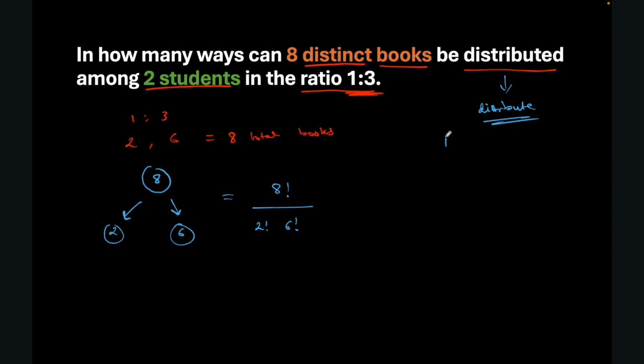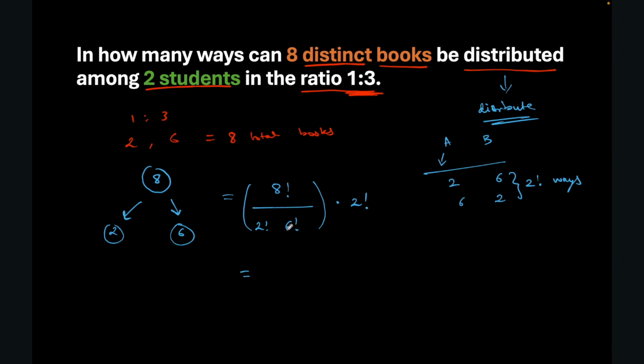So let's say there's student A and student B, right? Either the arrangement or the distribution can be 2 books and 6 books, or 6 books and 2 books. A total of 2 factorial ways. So we actually have to multiply this by 2 factorial ways.